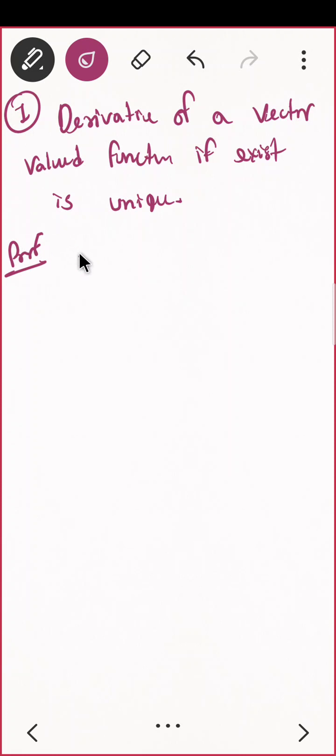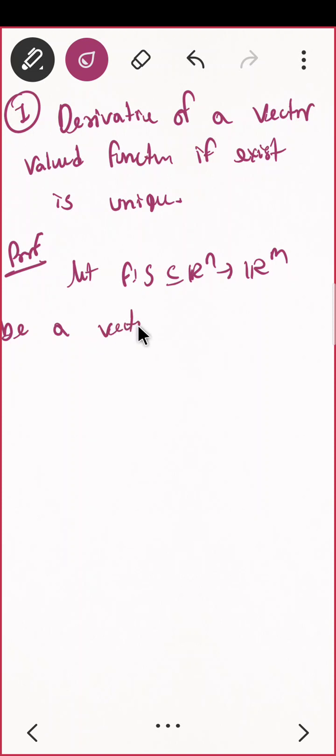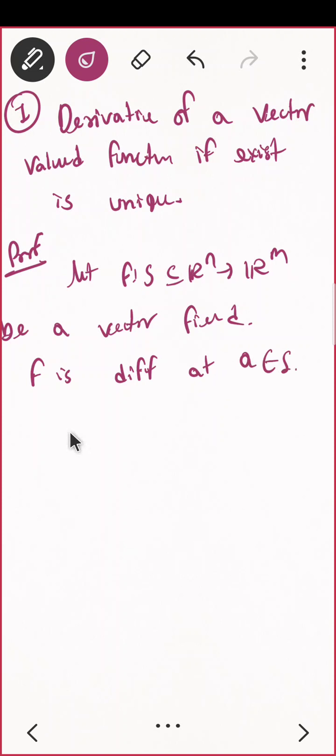Suppose, if possible. First let us define the function. Let f from S, that is in Rn, to Rm be a vector field. Okay, and let us say f is differentiable. f is differentiable at some e belongs to S. This is what we are given with.